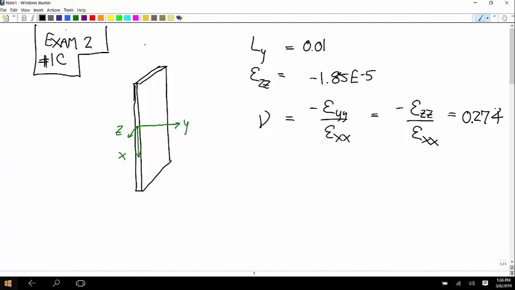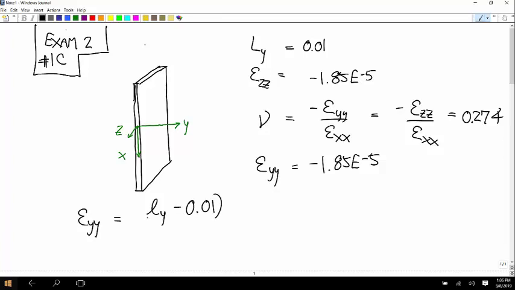And so that tells us that EYY, not EZZ, YY is what we want now, is equal to negative 1.85 times 10 to the minus 5 also. And so EYY is equal to the deformed length in the y direction minus 0.01, divided by 0.01.